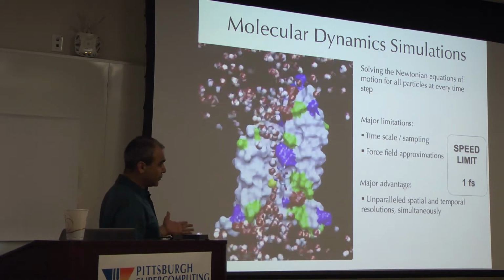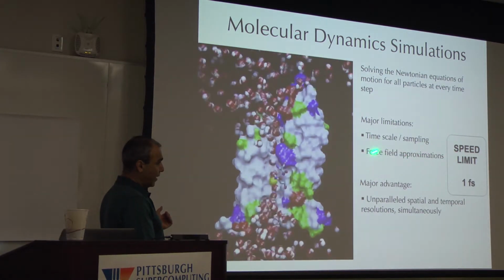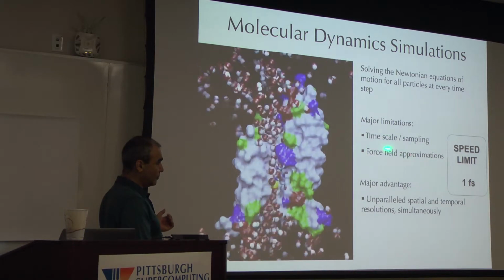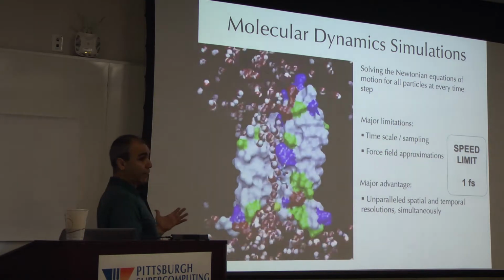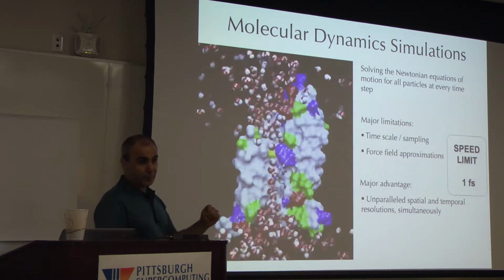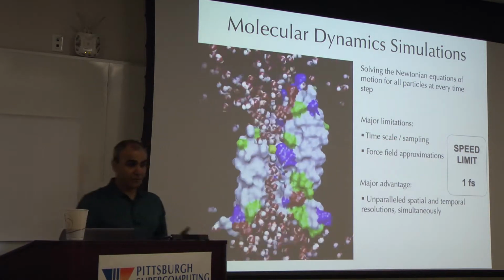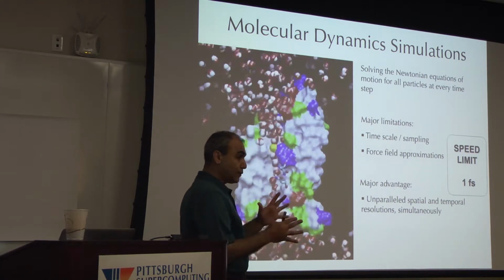So there is always a trade-off between the accuracy and the amount of sampling you get, the accuracy of your enthalpy. You can do quantum mechanics, for example, a perfect description of your molecular system, but then instead of microseconds, you can only run it maybe for, I don't know, a picosecond. So then you lose your entropy.